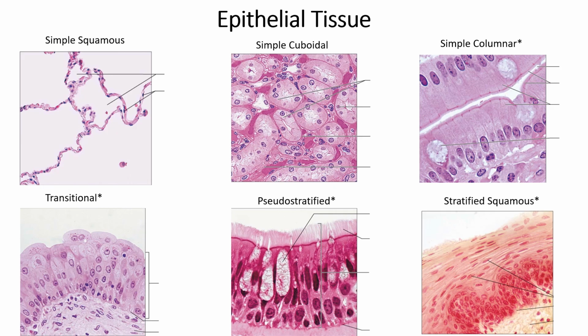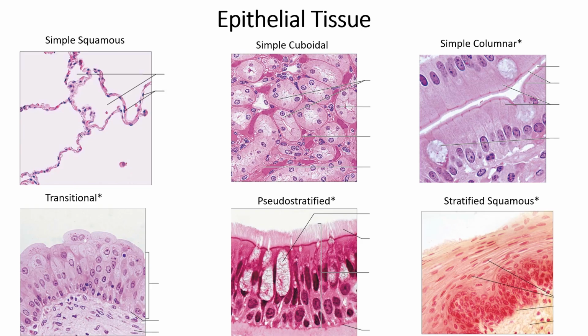All right, so starting with epithelial tissue, on this slide I've listed all of the different types of epithelial tissue that you are either required to know for the practical or maybe a bonus on the practical.